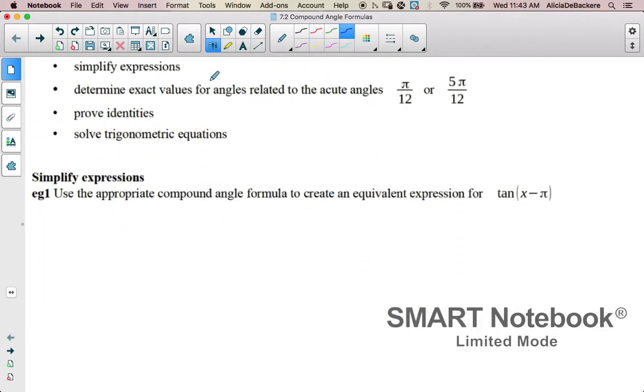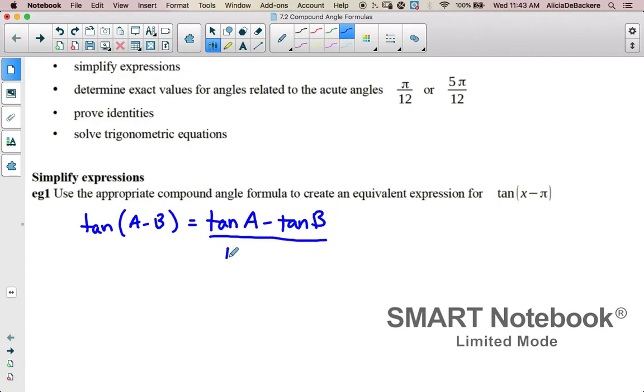So I know that my formula is tan of a minus b is equal to tan of a minus tan of b all over 1 minus tan a times tan b.